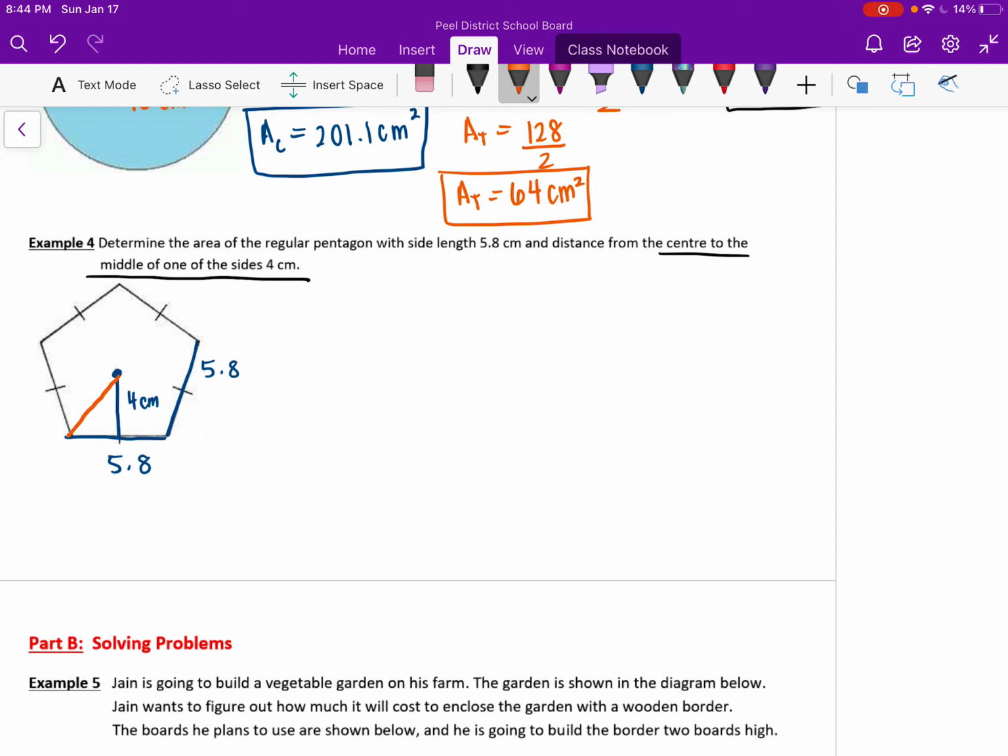Okay? Now you have this right triangle. You can figure out, you have this triangle right here too, right? You have 1, 2, all the same length, 2.